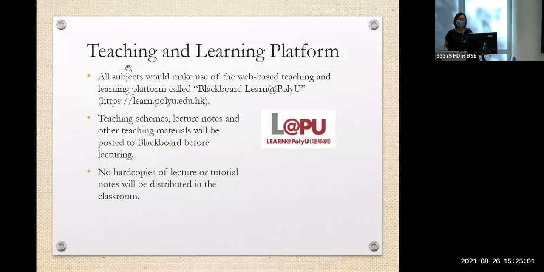All right. So in semester 1, you will visit this teaching and learning platform every day. Okay, you are expected to visit this platform every day. So have you heard about this Blackboard? 有冇聽過 Blackboard? Okay, so the Blackboard is a learning platform.